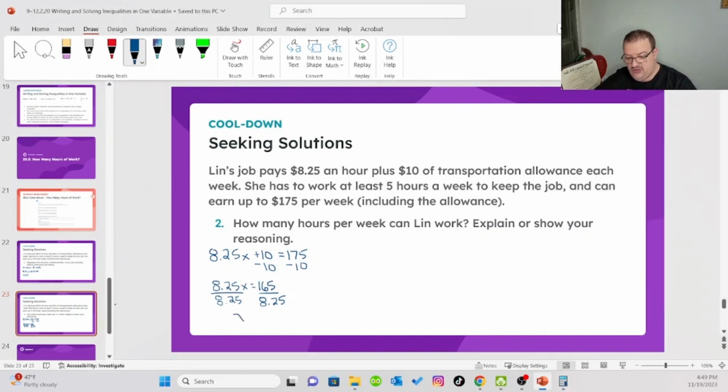So the most hours that she can work is 20. So we could say 5 hours is the minimum, which is less than or equal to the amount of hours that she works, which is less than or equal to 20 hours. She can work a minimum of 5, anywhere up to a maximum of 20 hours.